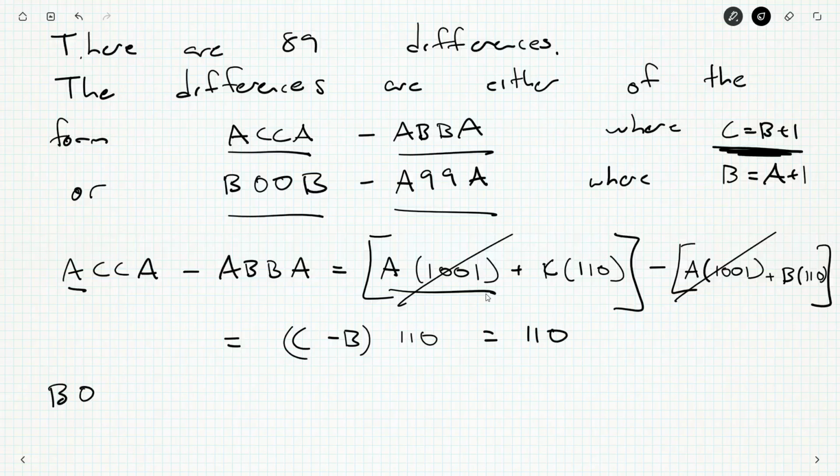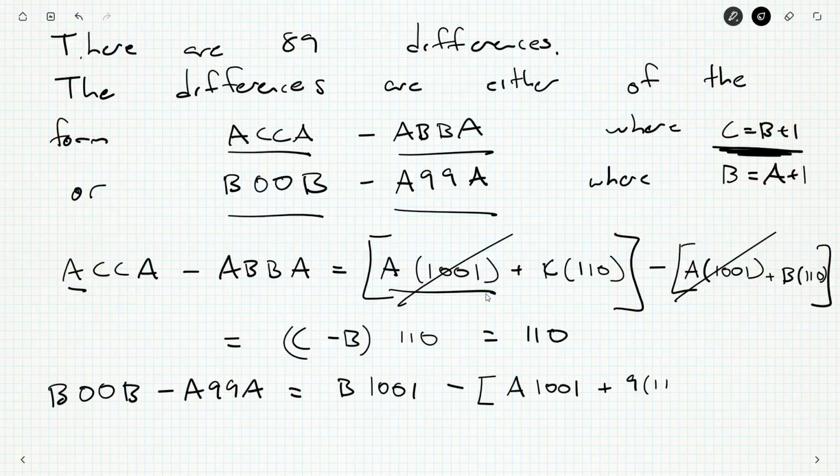And then the B00B minus A99A is a similar sort of thing. It'll be B times 1001 plus nothing, minus A times 1001 plus 9 times 110.